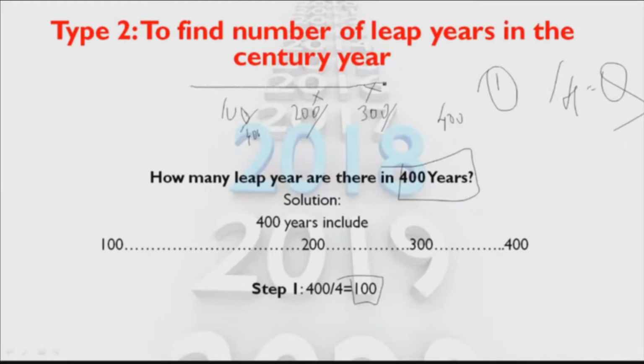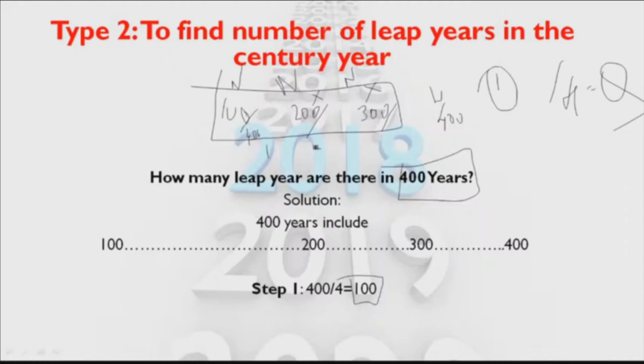So here you have 100, 200, 300. These are century years and these are non-leap years, but 400 is a leap year. So you need to see how many non-leap century years there are.